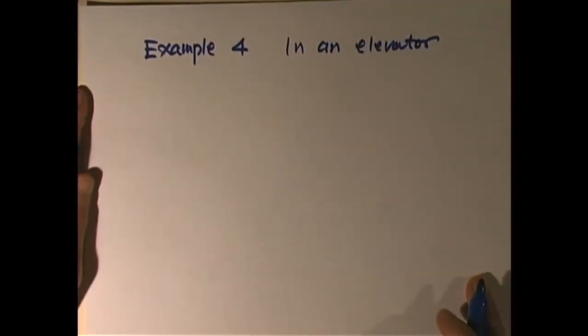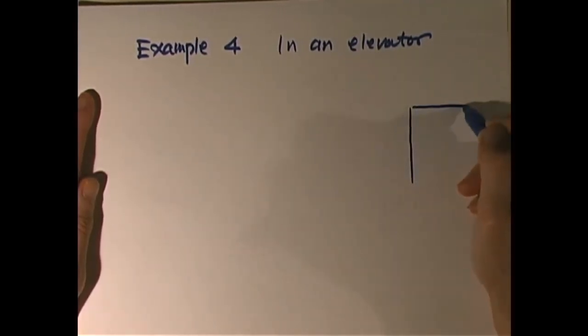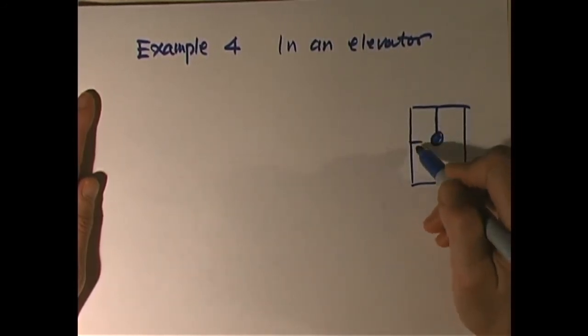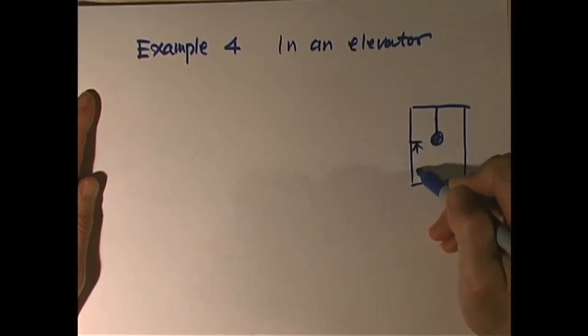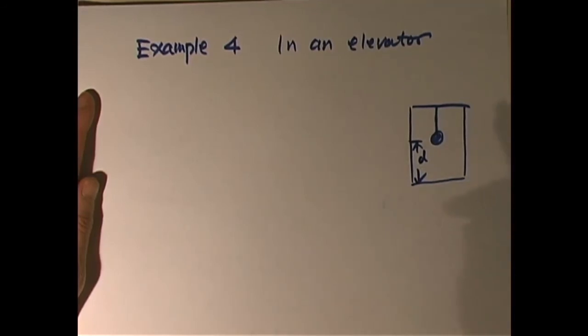Let's look at an example, example 4, in an elevator. Say, for example, we have an elevator, and there's a ball, which we can think of as a simple pendulum, hanging from the ceiling. Assume the distance from the bottom of the ball to the floor of the elevator is d, and the elevator has an initial velocity v0 up, and the elevator also has an acceleration a.